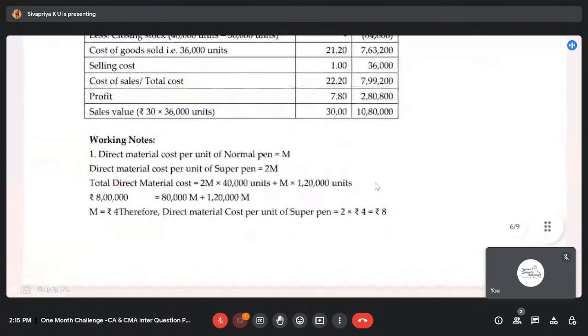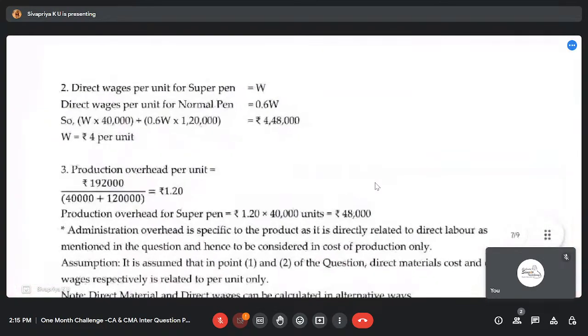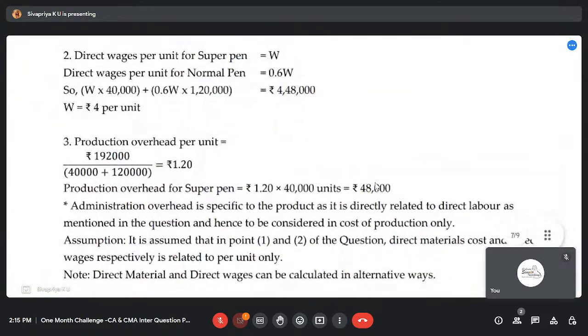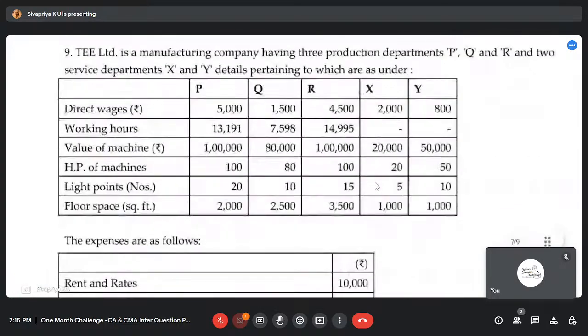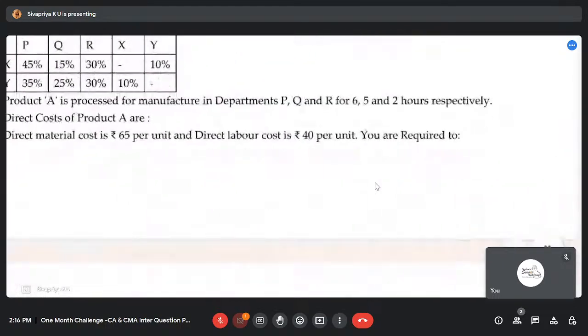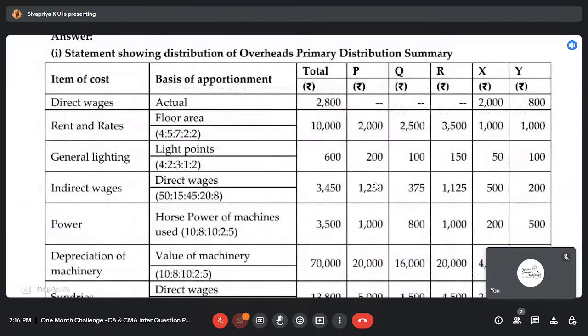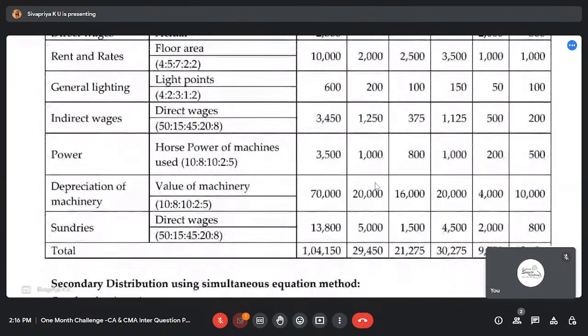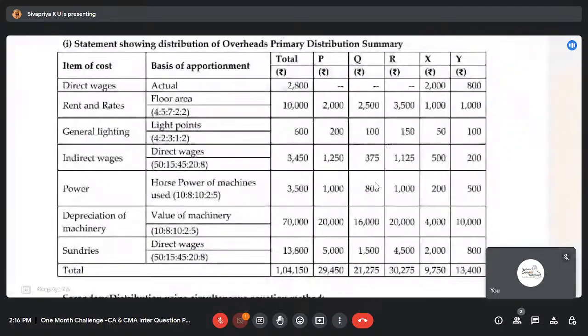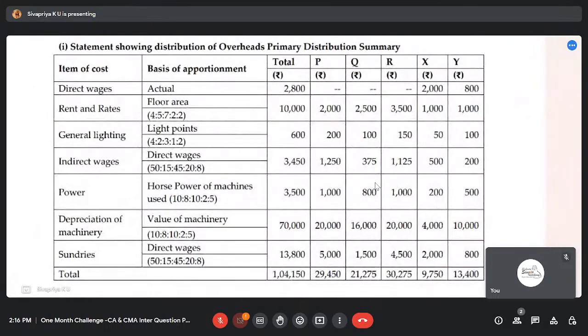So these are the working notes. Question number 9. This is also with respect to the overheads. The total of the primary distribution summary is given.